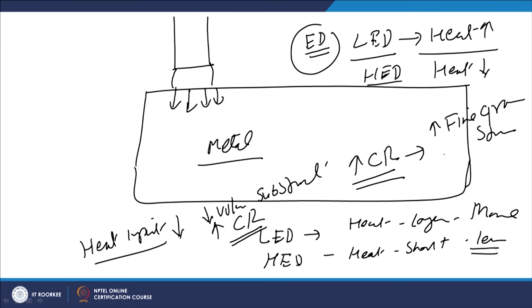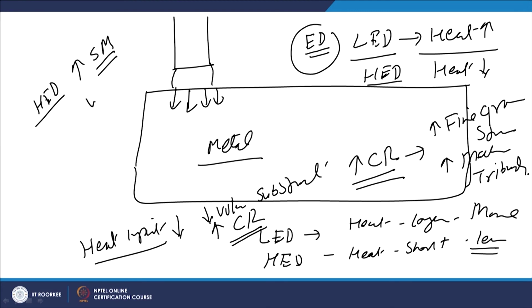A fine grain structure improves the mechanical properties and the tribological properties. So, those processes which are high energy density processes, for the same material, offer better quality of the modified surfaces, even through the weld surfacing.